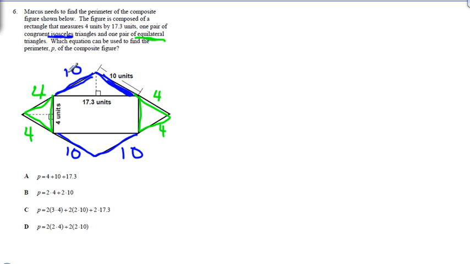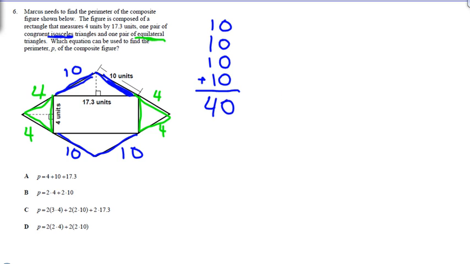Because remember, perimeter just means around the very outside of the shape. Just the outside. So I don't really care about this rectangle in the middle. So I'm not even gonna look at these formulas. I'm just gonna add this up. I've got 4 10s. So that's 10 plus 10 plus 10 plus 10. So all those blue pieces add up to 40.